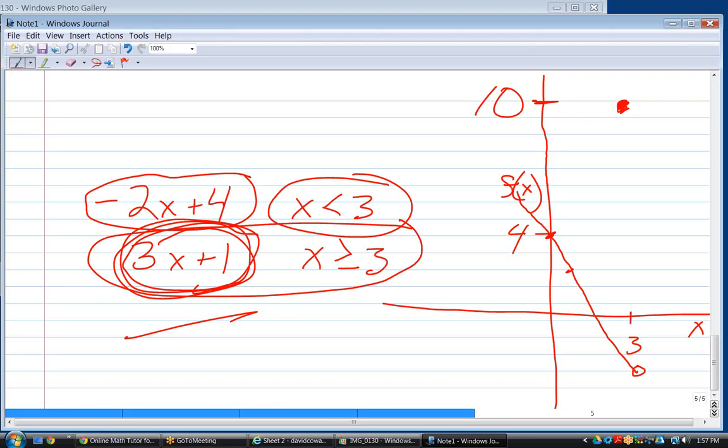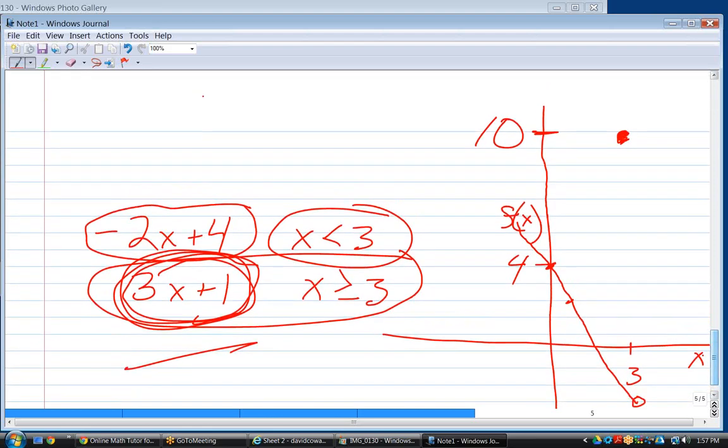What's the slope of this new line? 3 over 1. So what do I do to get my second point? You could go up 3 over 1 to the left. What kind of slope would that be? Negative.